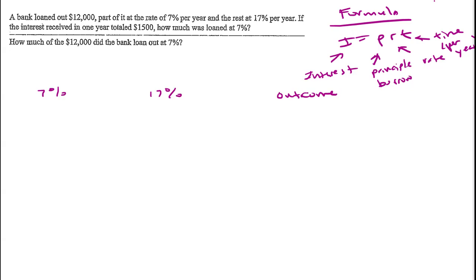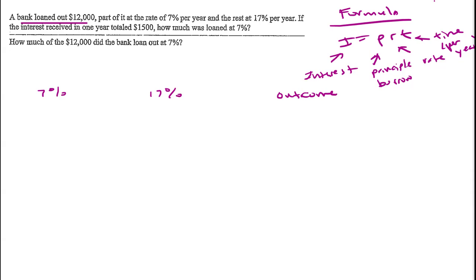Now, focusing on the PRT, P represents the principal or the amount borrowed. In this case, the bank is loaning out $12,000. I don't know how much is going to 7% or 17%, but I do know the total is $12,000.